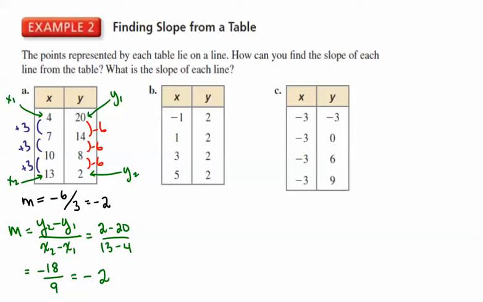The x's appear to be changing. Negative 1 to 1 is a positive 2. 1 to 3 is a positive 2. 3 to 5 is a positive 2. However, the y's are not changing.